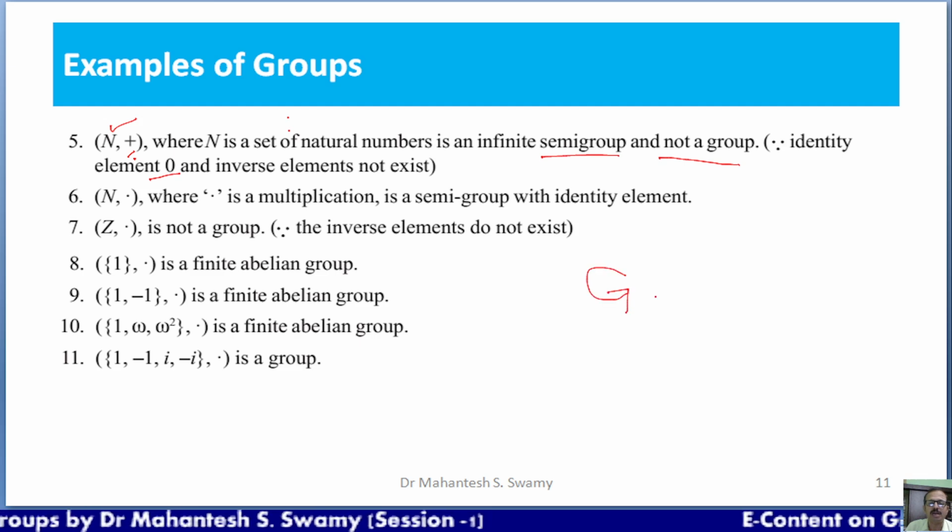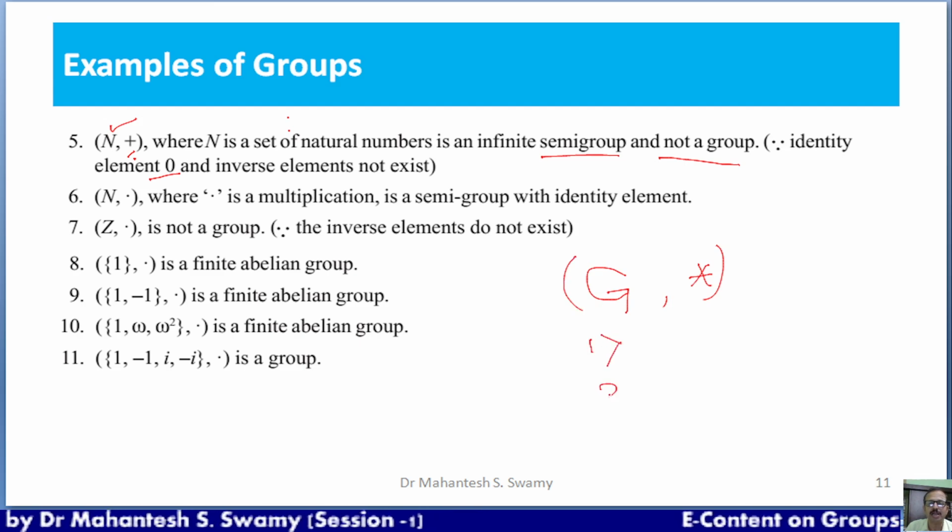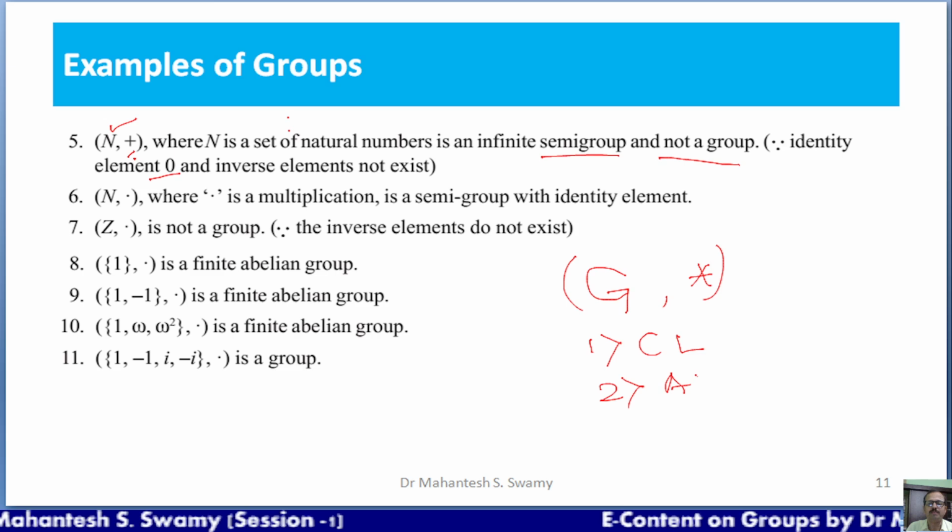G with a binary operation star is said to be a semigroup if the first one, closure law, is satisfied and the second one, associative law, is satisfied. If only these two laws are satisfied, we call this a semigroup. Now, N is a semigroup with respect to addition, but it is not a group.